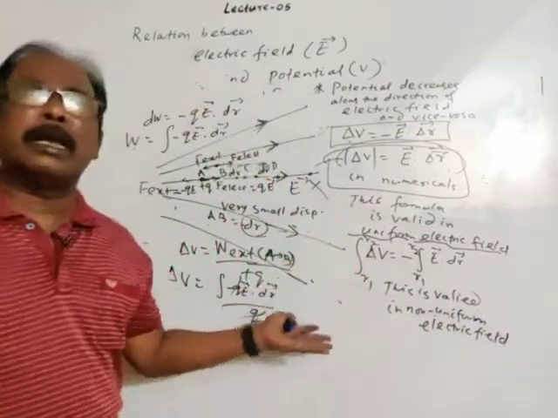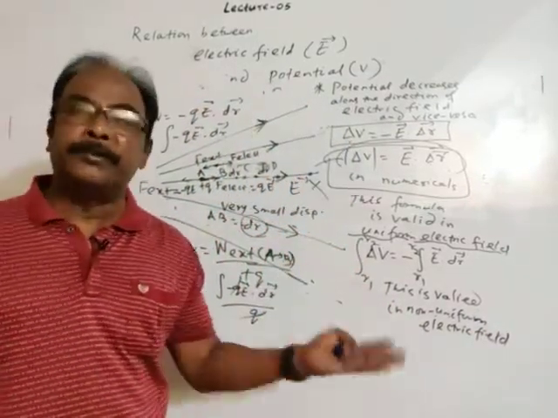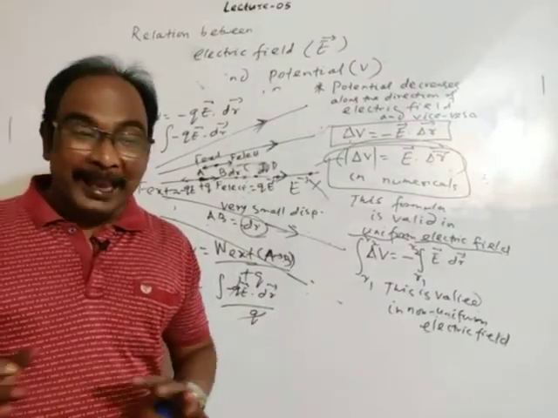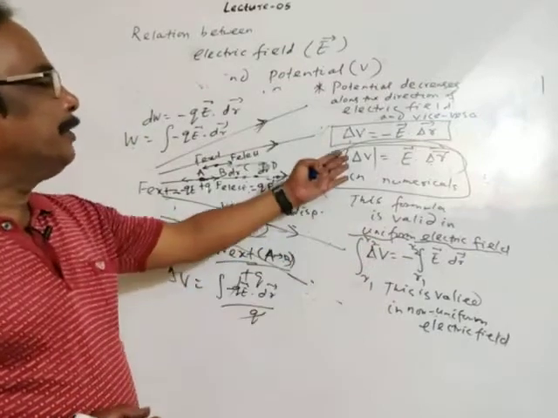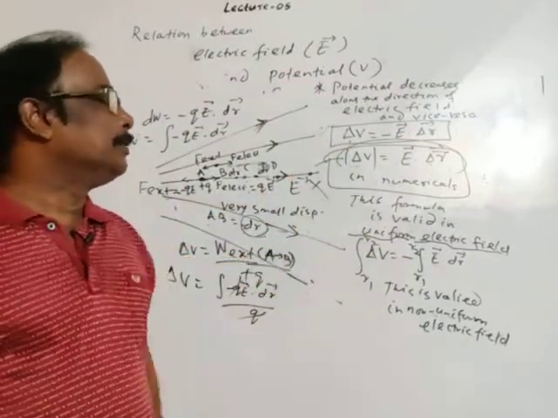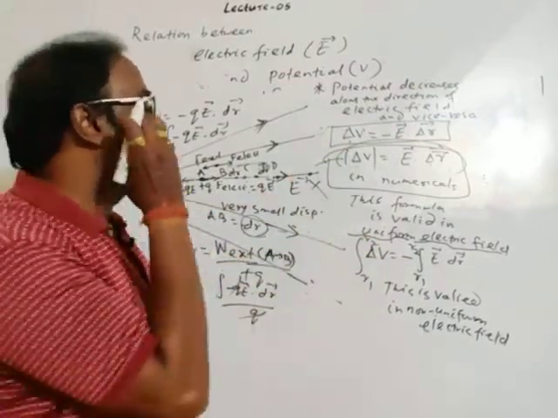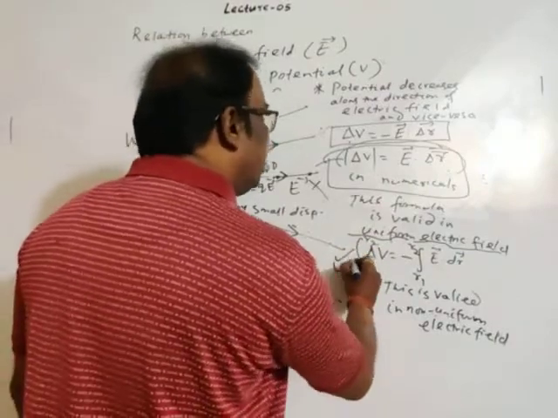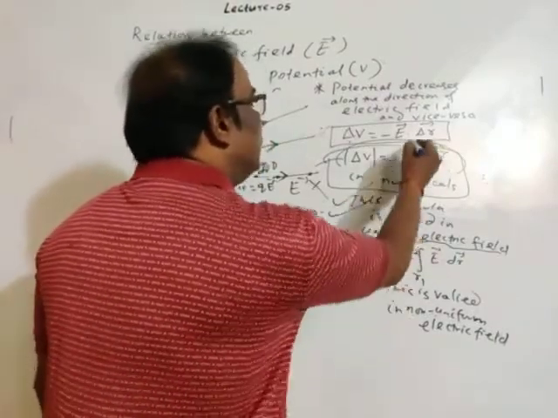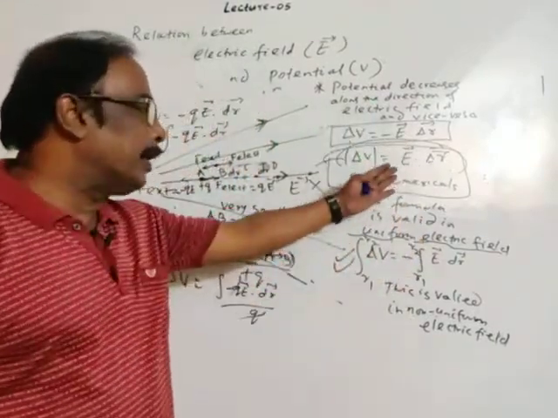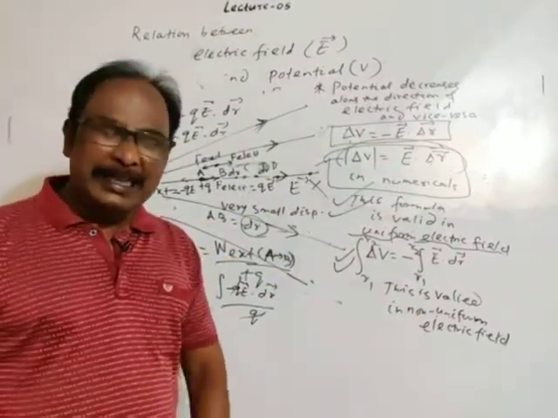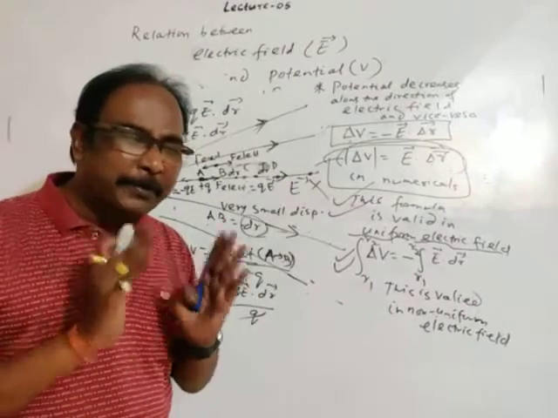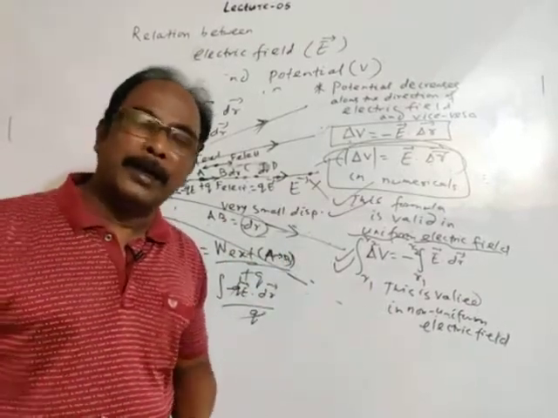These concepts are described beautifully in some good books: what is for uniform electric field and what is for non-uniform electric field. This is for non-uniform electric field. This is for uniform electric field. This is for uniform electric field. This is for non-uniform electric field. This is described in a very beautiful manner in different books.